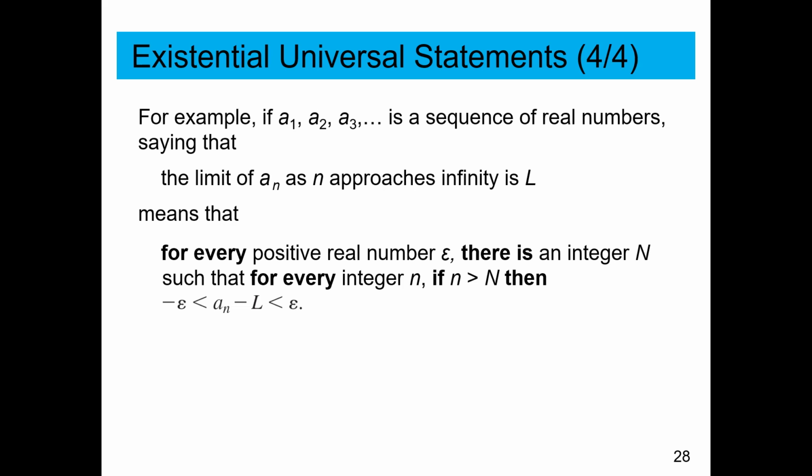That's the idea of a sequence of numbers approaching a value as we go to infinity. Perhaps you actually saw this. If you did not, that's okay. But it's just an example of for every, it is universal. There is, existential. For every, it is universal. And if-then, conditional.